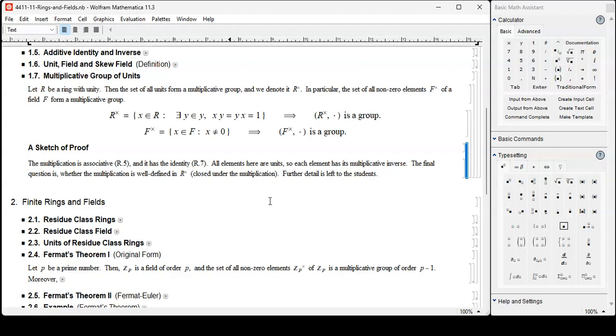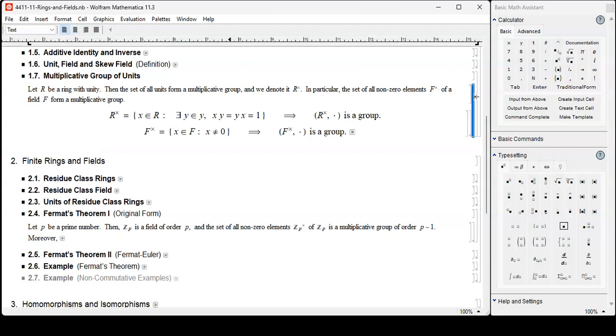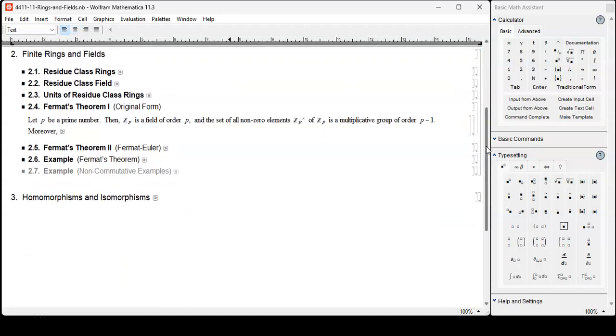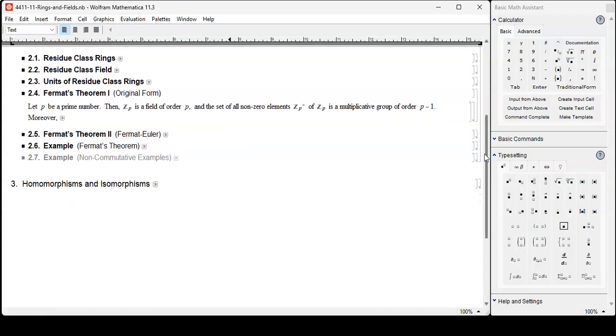So the final question here is whether the multiplication is well defined. In other words, is this R^x or R star closed under multiplication? That's what you have to prove. Of course, I'm not going to do that because that's a homework problem for you. It's not going to be too hard, but it's going to be a good exercise for you to write those down. So assuming you did all that, we have everything here up to the first line.